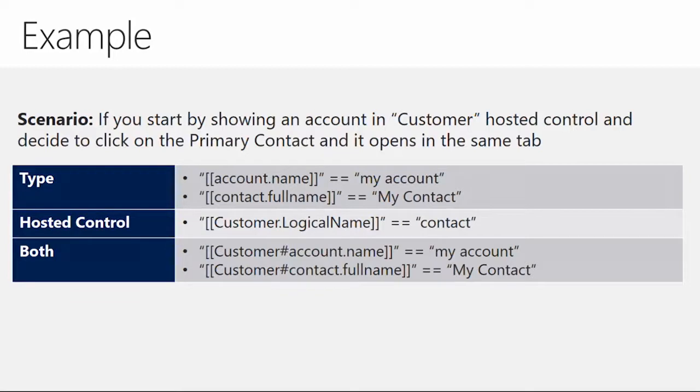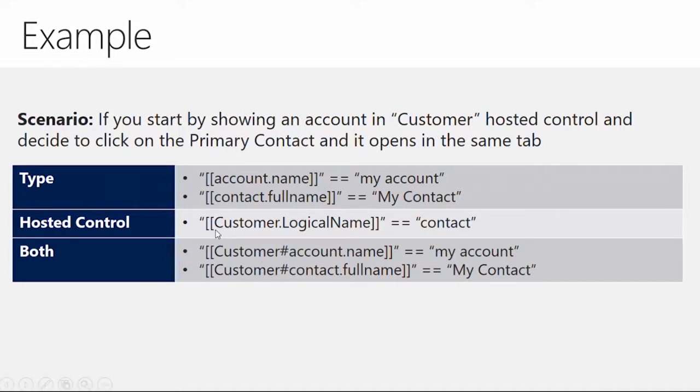If I start by going out and showing an account in a hosted control called customer, and then I click on the primary contact, and I have that primary contact open in the same tab, this is what I'm going to see in that situation. Underneath the account option, I am going to see the account name, because from the account type standpoint, that would be able to pull in the name of the account that I last worked with. The contact would allow me to reference the contact full name, which would allow me to pull in the name of the contact that I'm working with.